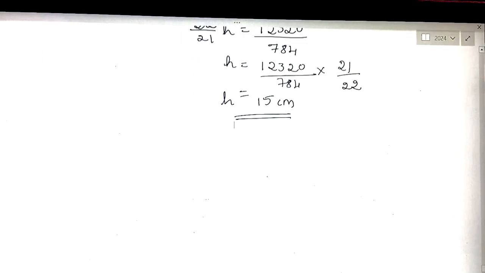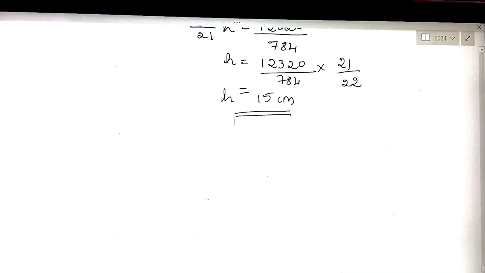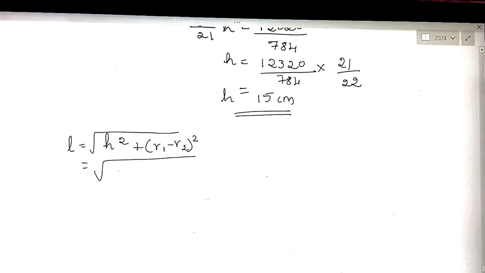So now we need to find the L value. So how do we find the L value? L formula is equal to root of h square plus r1 minus r2 whole square. Now we know the value of h. h is nothing but 15. So as per formula, it is 15 square plus r1 minus r2 whole square. So r1 value is 20, r2 value is 12, the whole square.